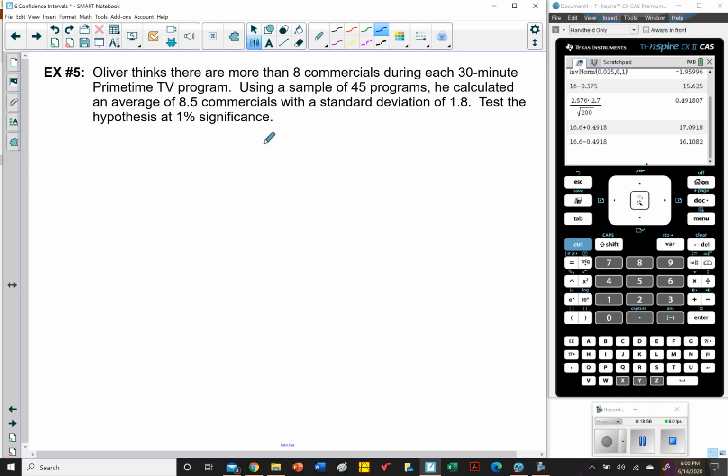So in our procedure, first we have to state the hypothesis and identify the claim. The claim is an inequality: mu is greater than 8, more than 8 commercials. This is our claim. And the null hypothesis is that mu would be less than or equal to 8.